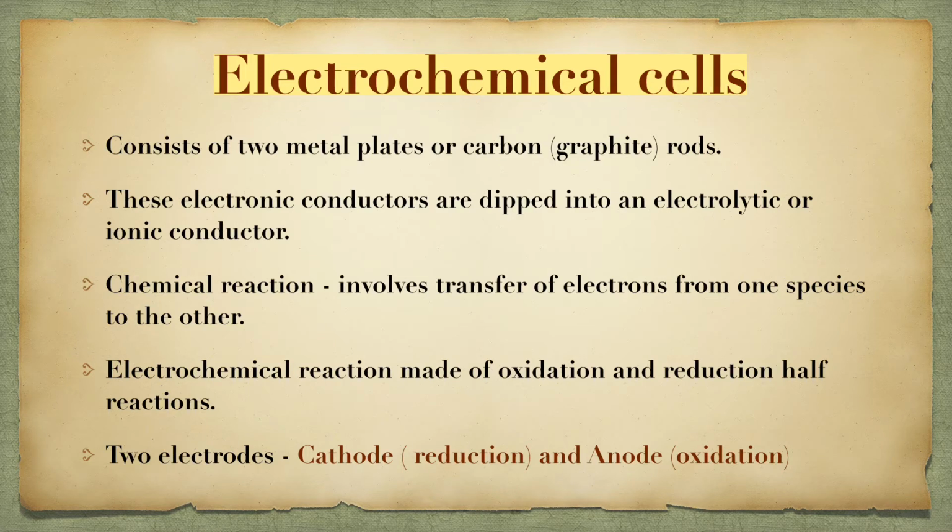That is, redox reactions occur in electrochemical cells. So they are made up of oxidation and reduction half reactions. And the two plates which we dip, along with the solution, are said to be the electrodes.